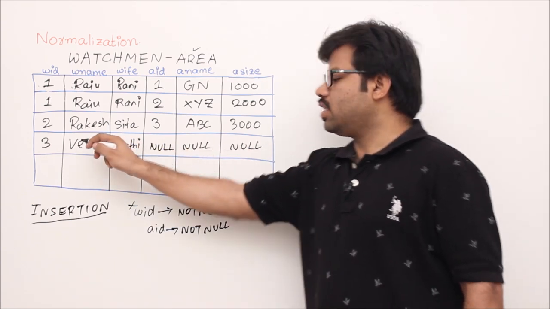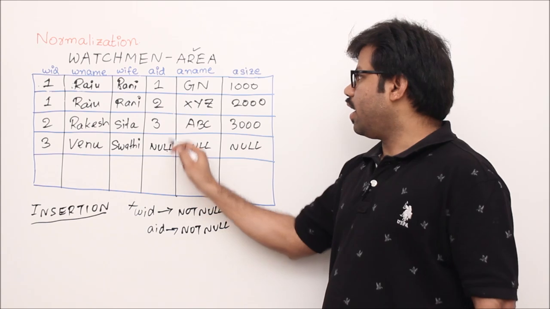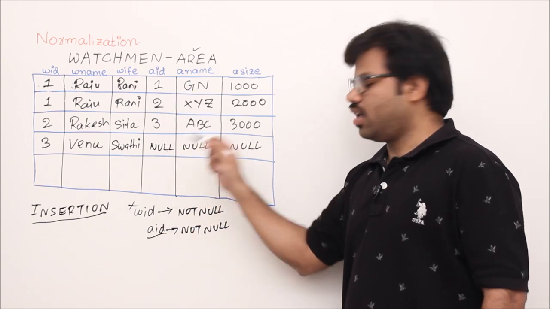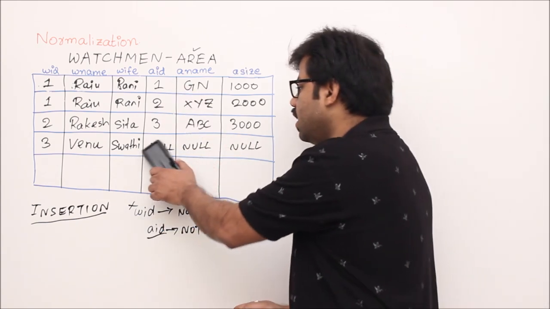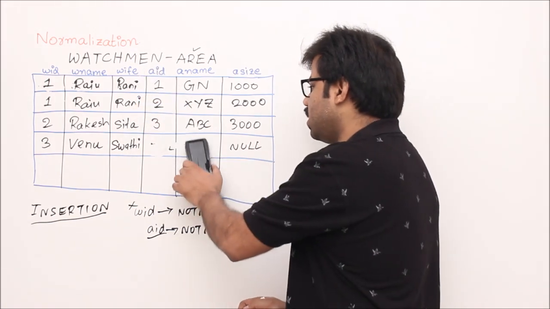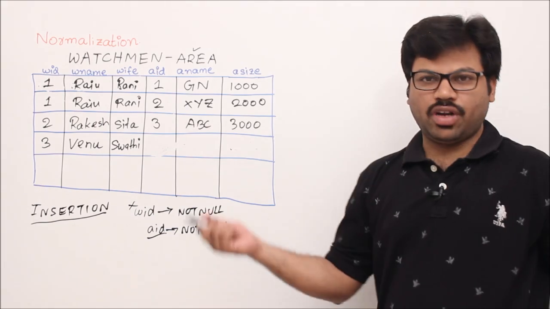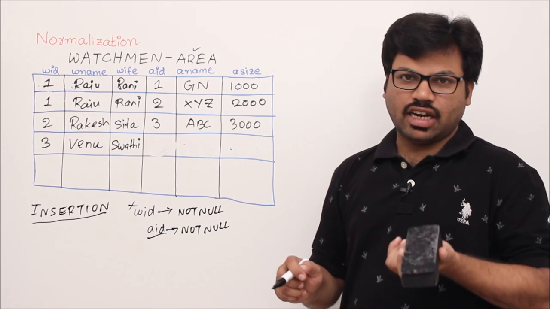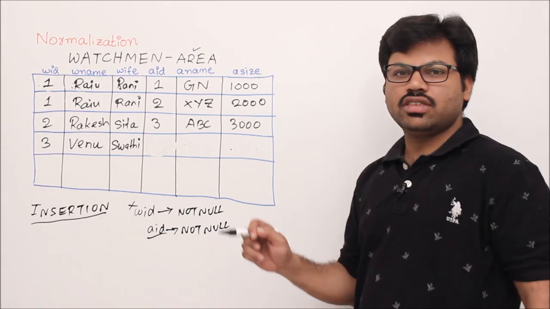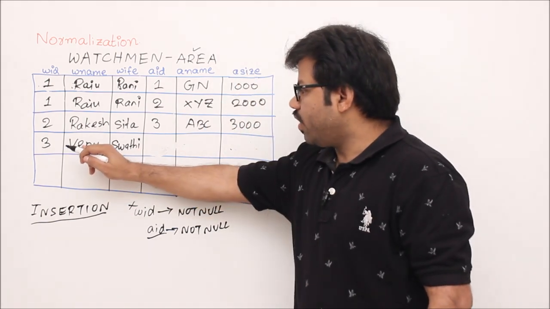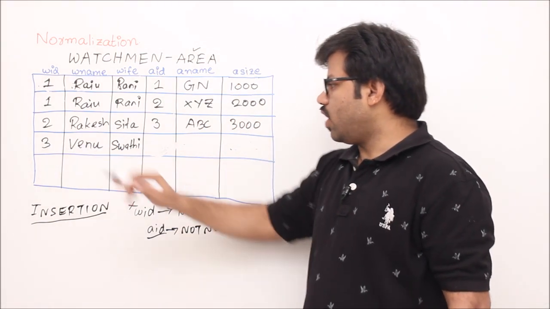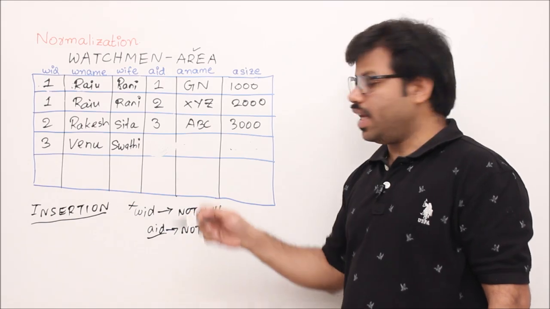Is it not again an insertion anomaly? Because we can't write a null value here because area ID is not null. So here this area ID field is forcing us to write some value, but we don't have one. That is called insertion anomaly. So finally you understand insertion anomaly. For that the only solution is, immediately for this employee, otherwise watchman, we have to create one temporary area.